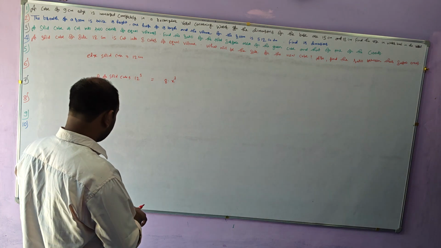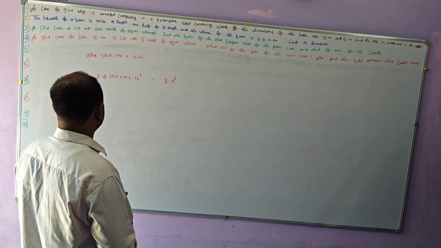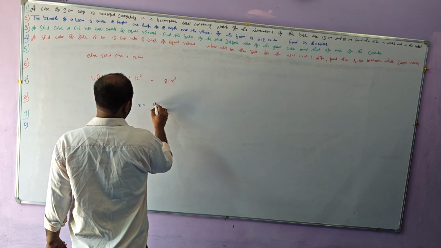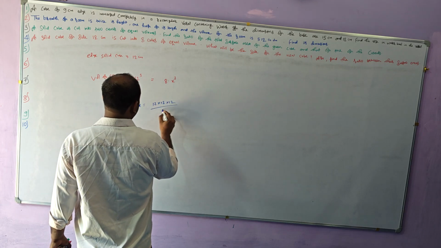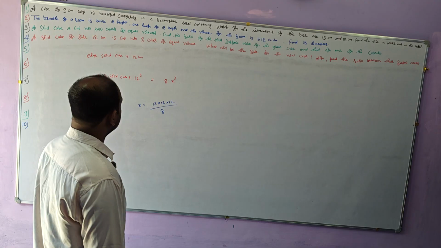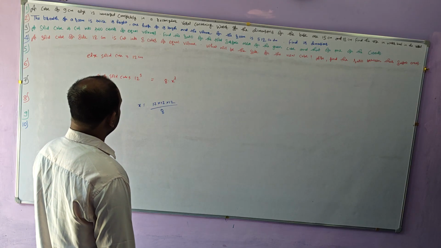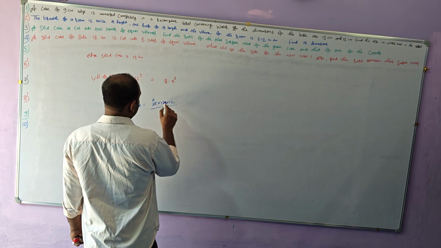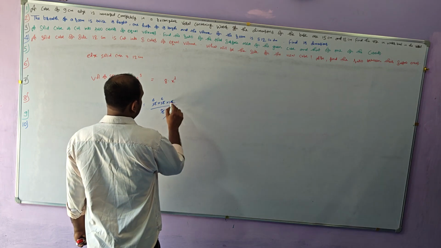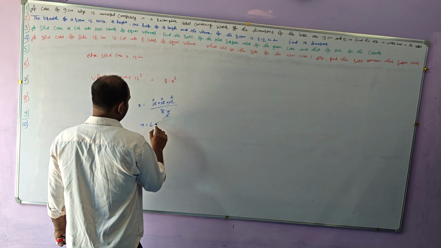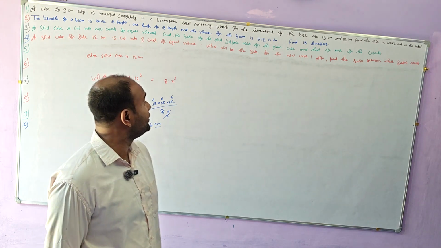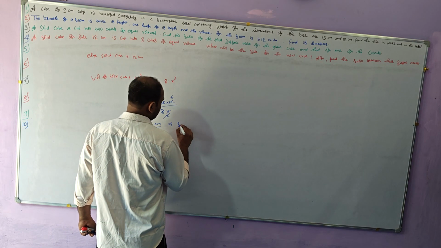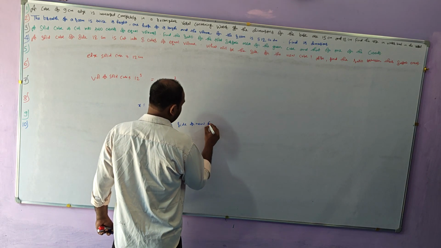After we cancel, 12 into 12 into 12 upon 8, we got basically 4, s is equal to 6 centimeter. This is the side of the new cube.